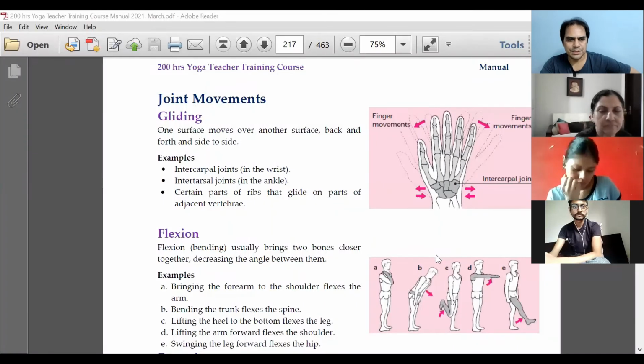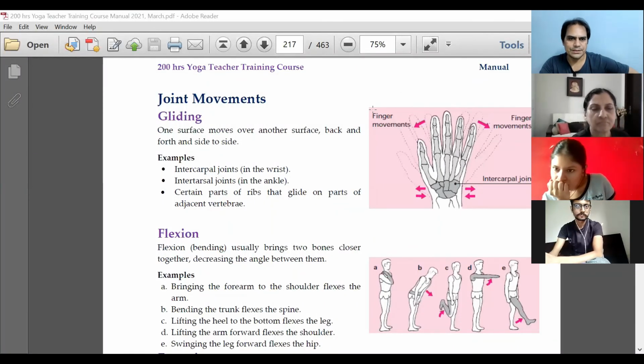So please understand different types of movements. Okay, again I'll share my screen to show you in more detail. That will help you understand what the different kinds of movements are.